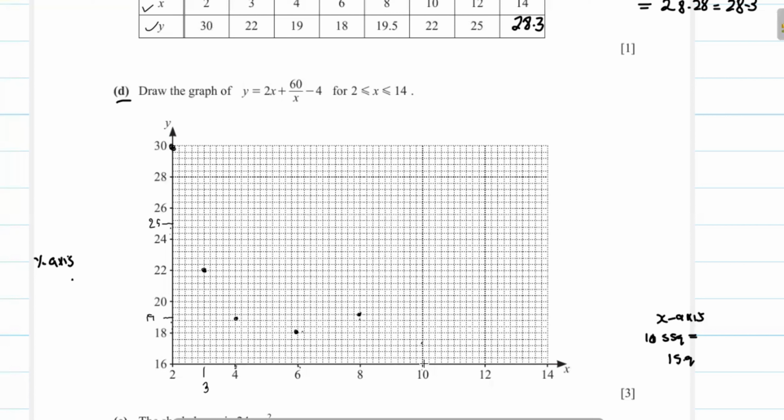And next is 10, 22. Y is 22, x is 10. Next is x is 12, y is 25. This is the position 12, 25. Last is 14, 28.3. This is 28 and just above the 28, this is 28.3. Now we will join these points, and we join these points here.